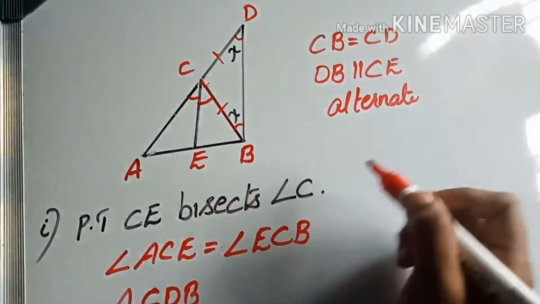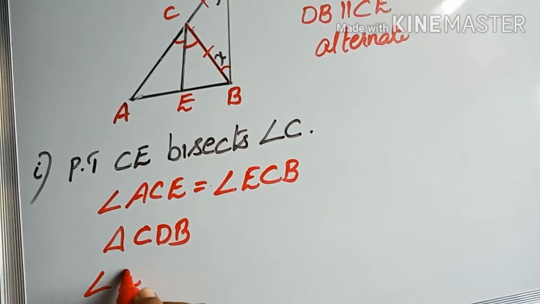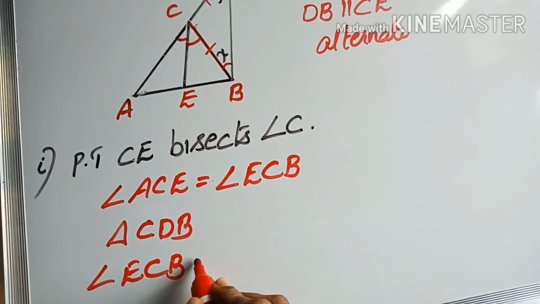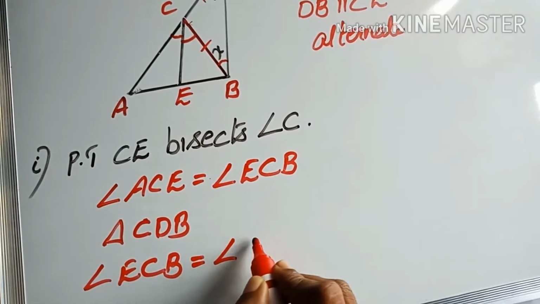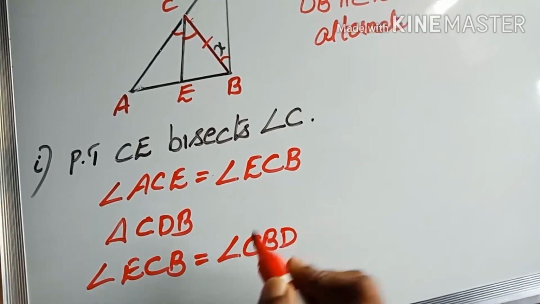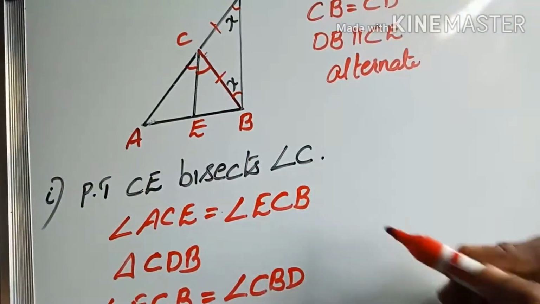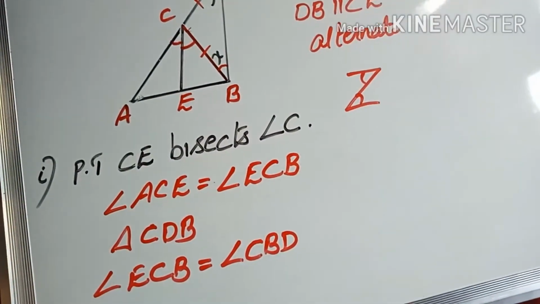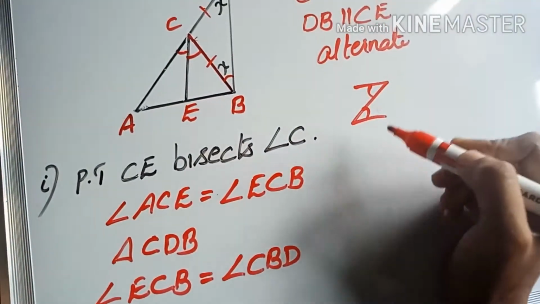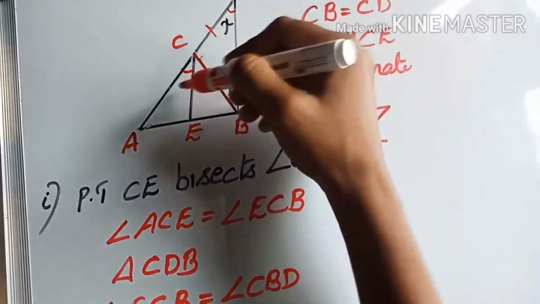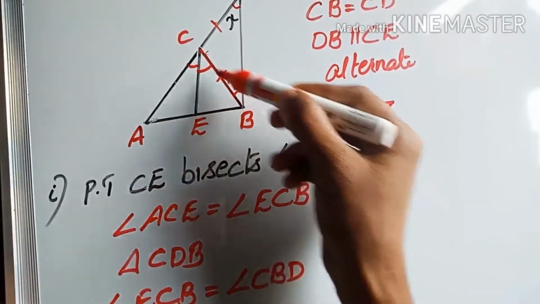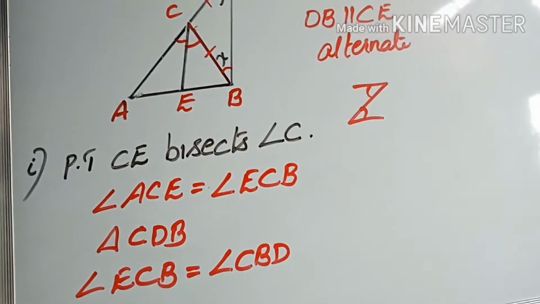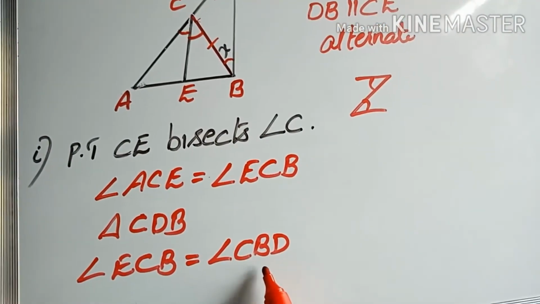That means angle ECB is the same as angle CBD. These two angles will be equal when the lines are parallel. Here CE and DB are parallel, so these two are alternate angles. Therefore angle ECB equal to angle CBD.